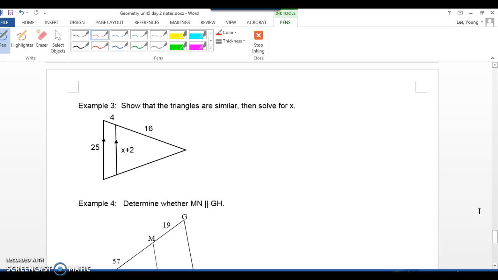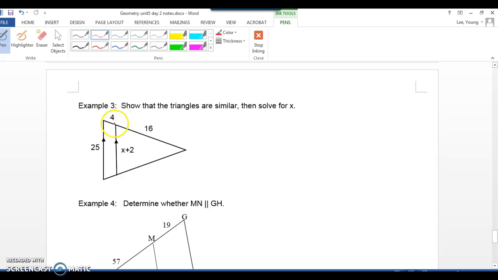Show that the triangles are similar, then solve for x. We're not going to show that the two triangles are similar because we already know that this angle is common, so it's the reflexive property, and these two lines are parallel, so corresponding angles are congruent. But then let's solve for x. We need to set up the proportion for small triangle versus big triangle.